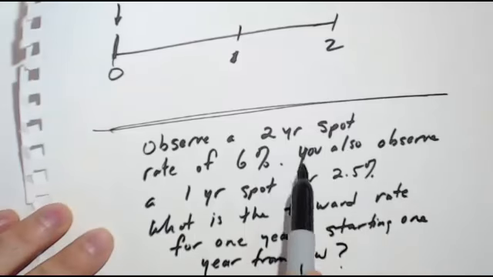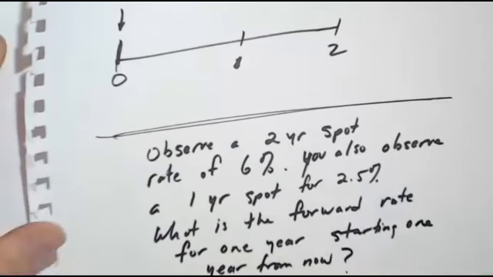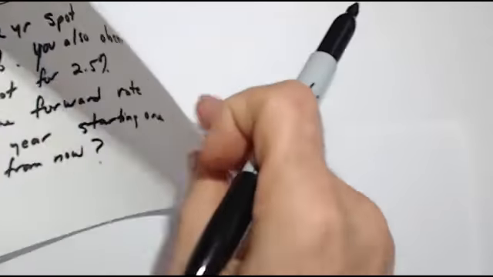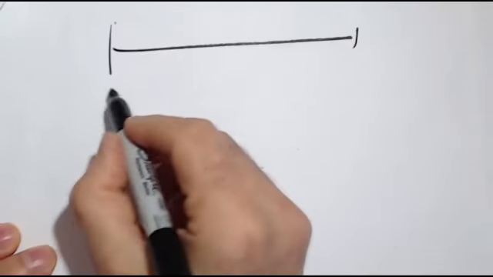Okay, so you observe a 2-year spot rate at 6%. You also observe a 1-year spot rate at 2.5%. What is the forward rate for 1 year starting 1 year from now? Okay. I've been doing this a long time, and I can tell you, you've got to draw a timeline. So you draw the timeline.